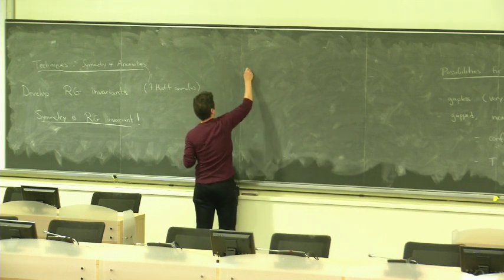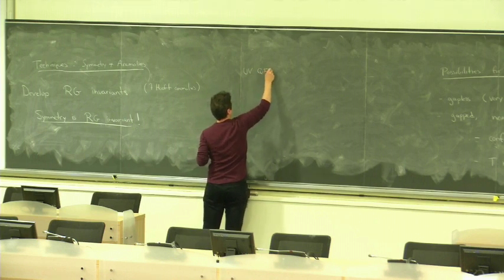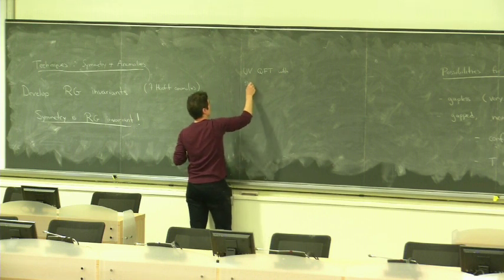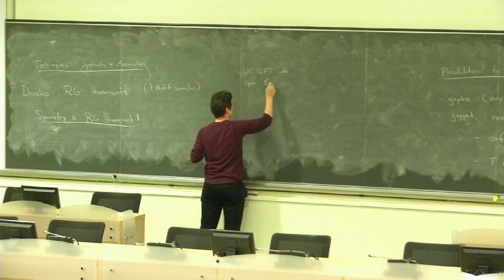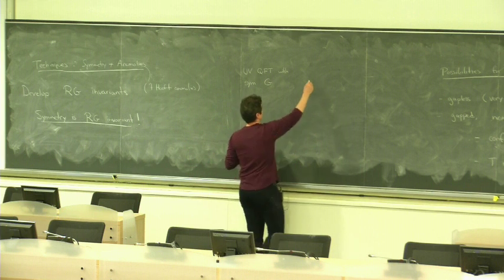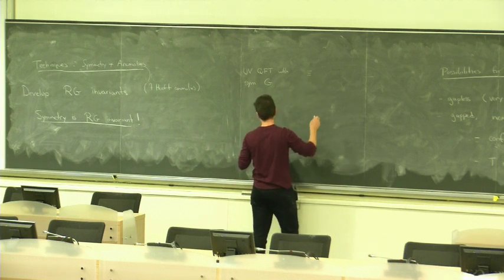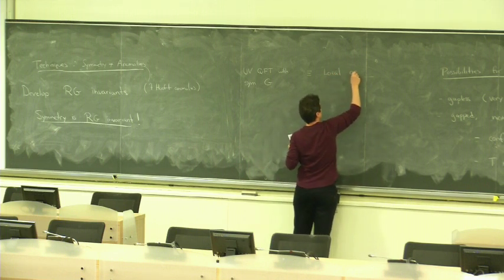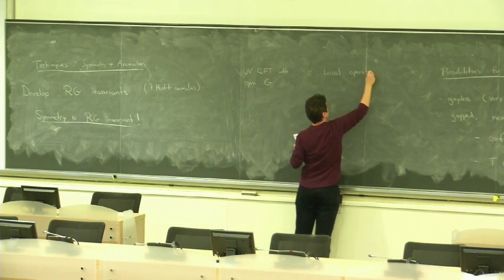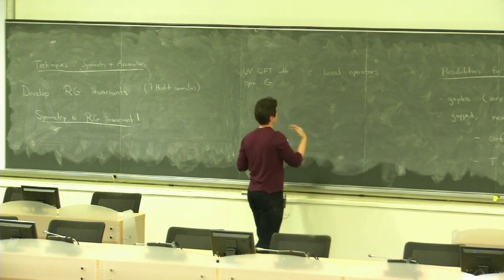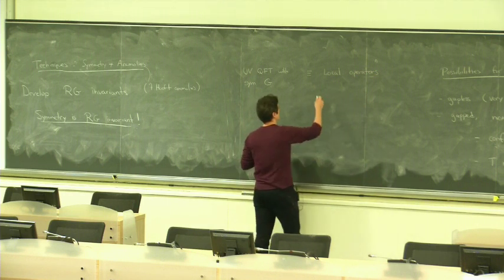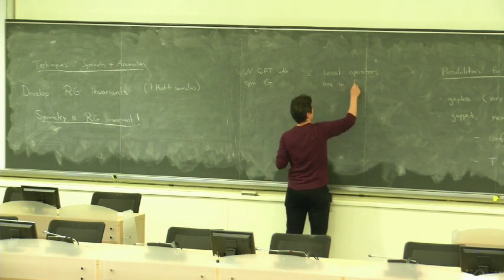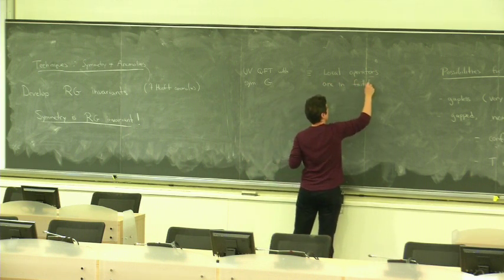I mean that if you have an ultraviolet quantum field theory with symmetry some group G. So first of all, what does that mean for me? This means that the local operators are the thing that define my quantum field theory. And I'll say that the local operators are in faithful representations of G.